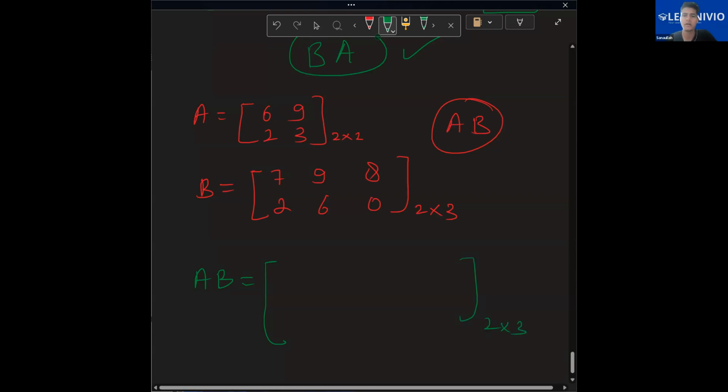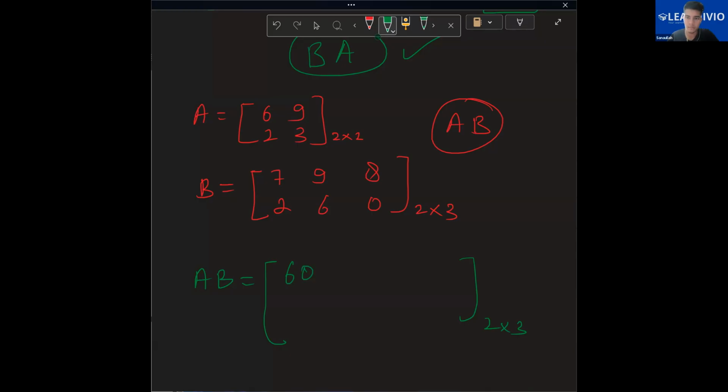You will get 42 plus 18. Sir, the first element is 60.